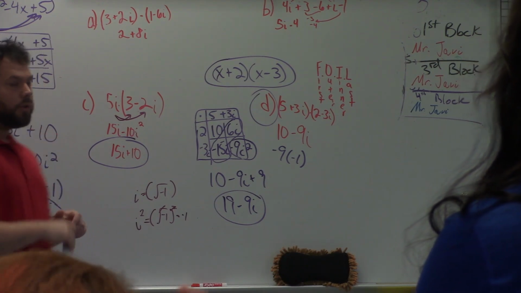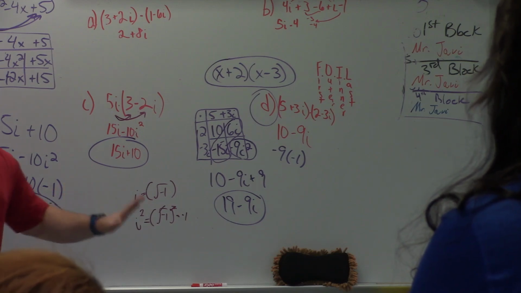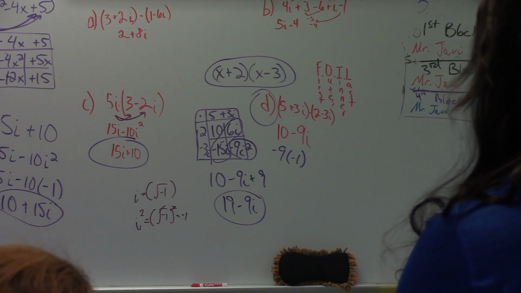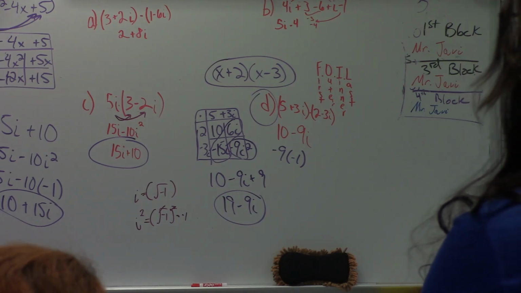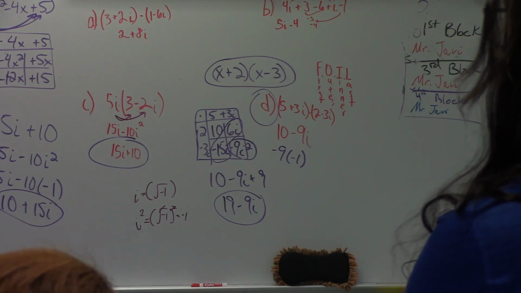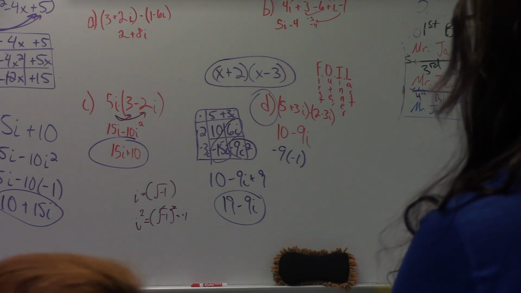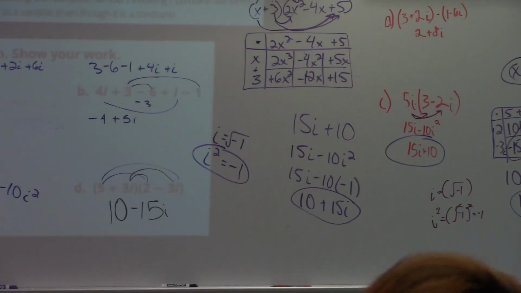So, for the most part, I think A and B were really strong. I think C and D is where you probably need to write some notes to yourself about distribution and making sure that with our complex numbers and multiplying, what property do we make sure we use? What property do we use? Distribution. Again, I did not make check your understanding questions, but you know what there's a ton of on Mathia?